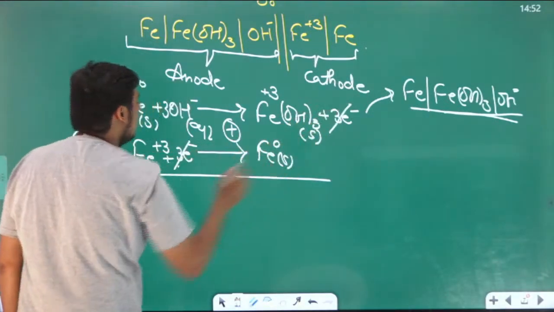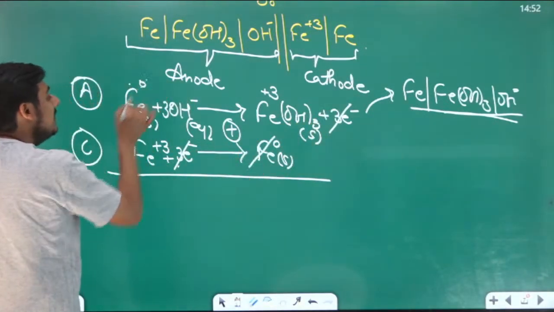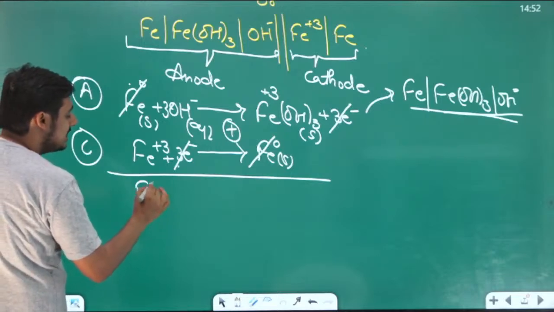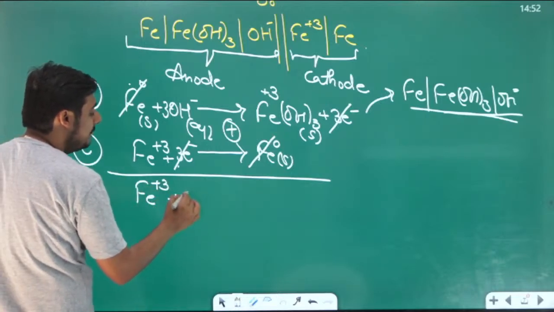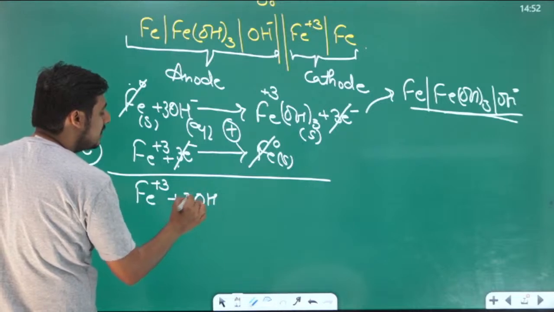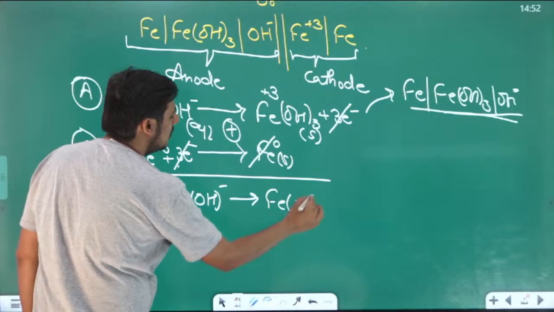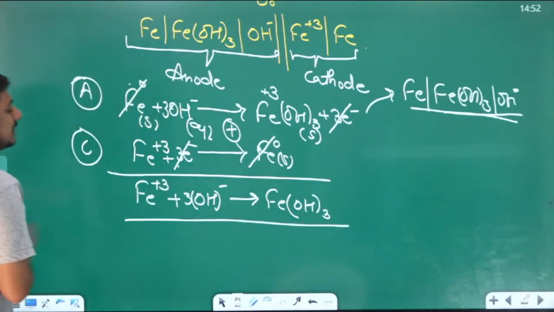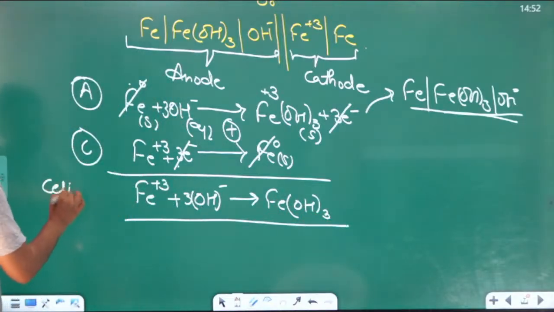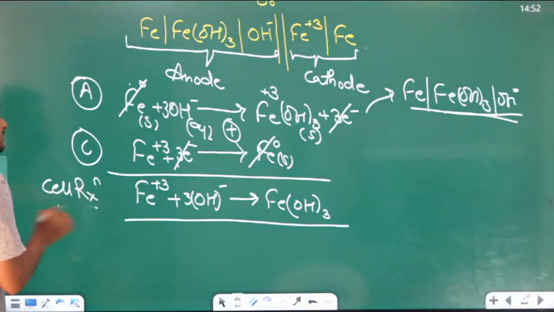Cancel the electrons, cancel the common part, and you will find the overall cell reaction: Fe plus 3 attacked by 3 OH negative, leading to the formation of Fe(OH) whole thrice. This will be my cell reaction.